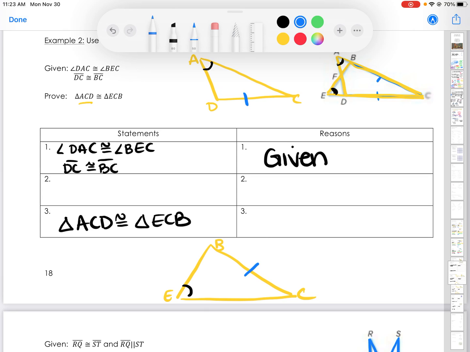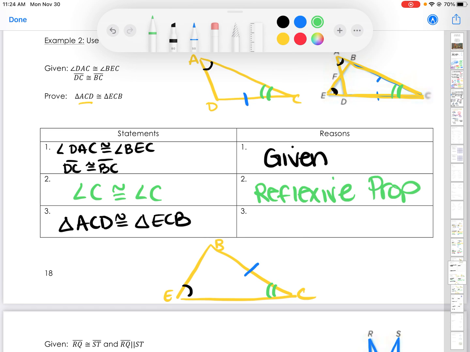Okay, so now we want to see what else do we know. Well, they share this angle, right? They both have angle C. So we can say that angle C is congruent to itself. And when we say something is congruent to itself, that is reflexive. Now I have two angles and a side that is not in between them.